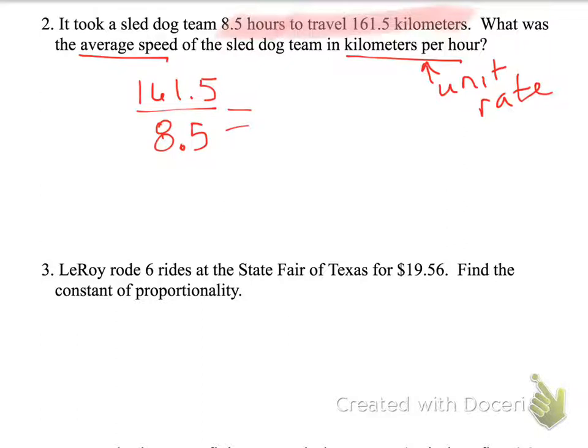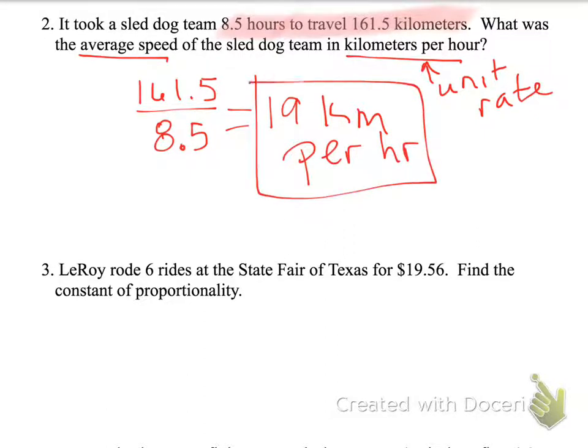And when we divide that out, we get 19. So the average speed is 19 kilometers per hour.